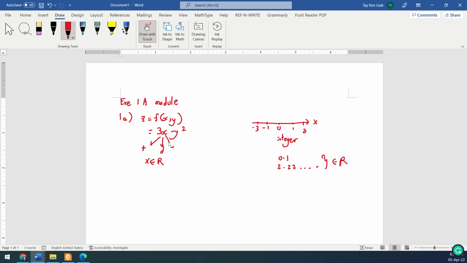So for 3x minus y squared, x can be positive, negative, or 0.